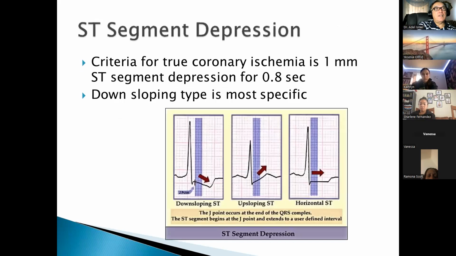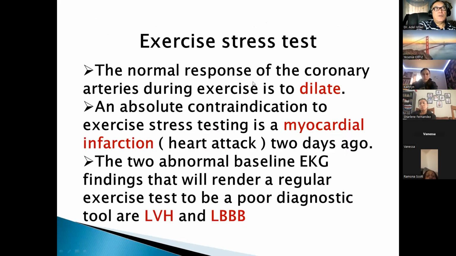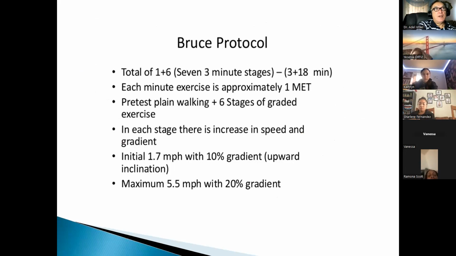For the items which I told you regarding here, look, in the stress test the ST segment here is depressed, here is elevated, and here it is within normal. So this is very important for us to recognize the changes with the ST segment. And after that, we have here like a summary.